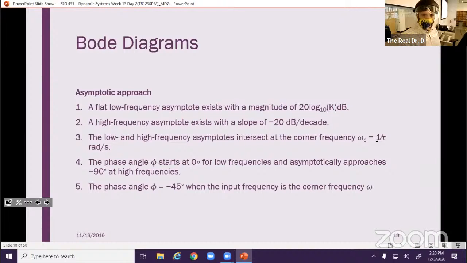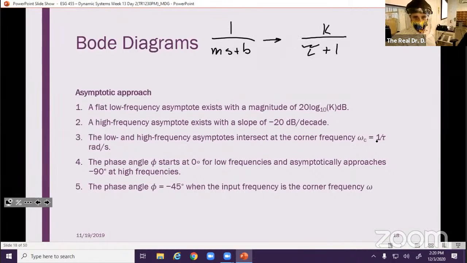If I have a transfer function, let's just say some transfer function that looks like this, Ms plus B. If I write this first order transfer function in standard form, I'll get this, K over tau s plus 1.